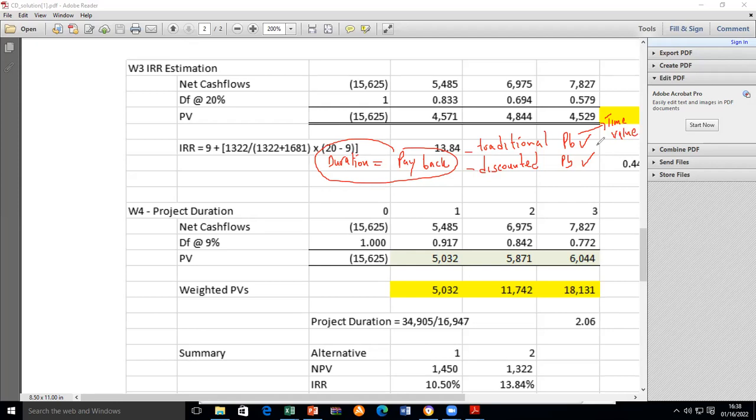We don't consider all project cash flows. We only consider cash flows up to payback, so not all cash flows are considered.